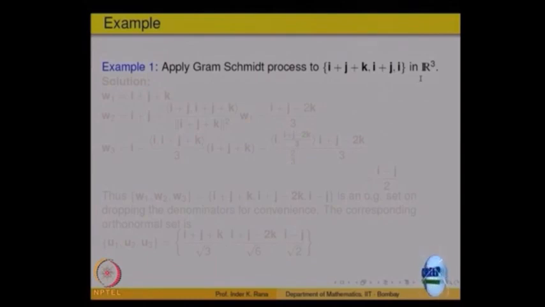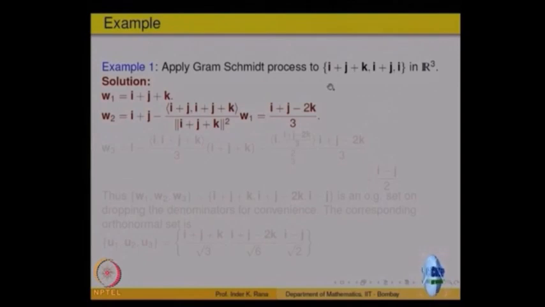Okay. So, what is W1? The first one, i plus j plus k, right. What is W2? Remove the projection. So, what is W2? i plus j, that is the original one, right. The second one is i plus j, minus the projection. So, that is i plus j, the second one, dotted with W1, that is i plus j plus k, divided by the norm of that squared, into W1.